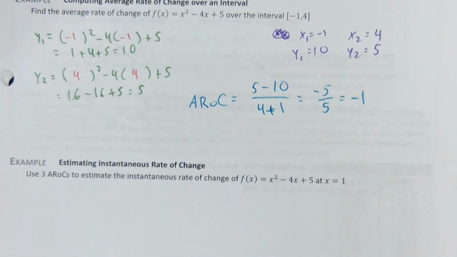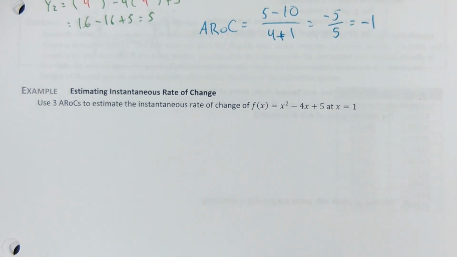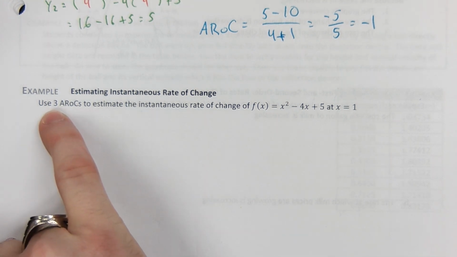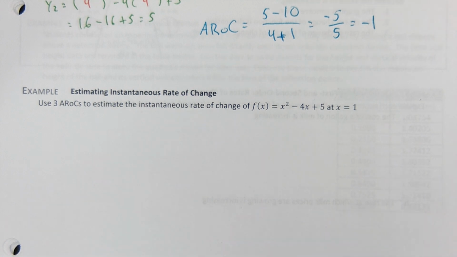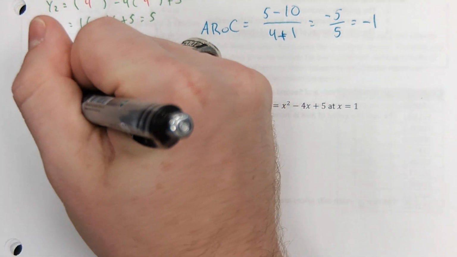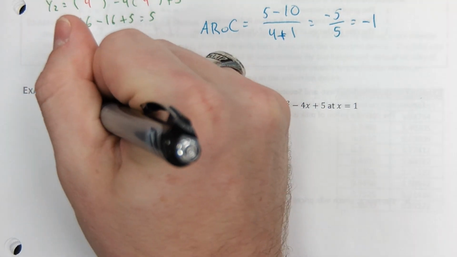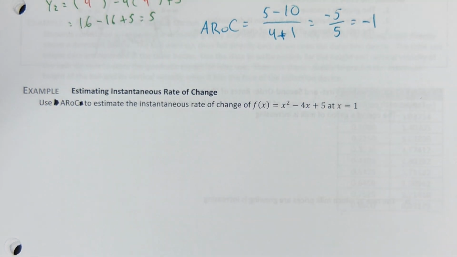And since we don't know how to do calculus yet, the way that we can try to estimate the instantaneous rate of change at a single value is to find the average rate of change using points around it. Our authors wanted us to use 3 average rates of change to pull that off, but I say that, you know what? As long as we pick x values that are close enough to our x equals 1, we can pull this off with a single average rate of change.